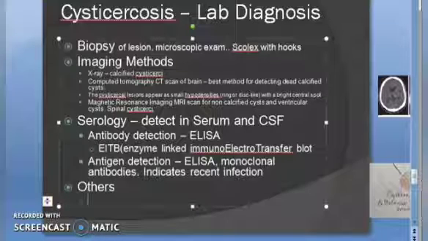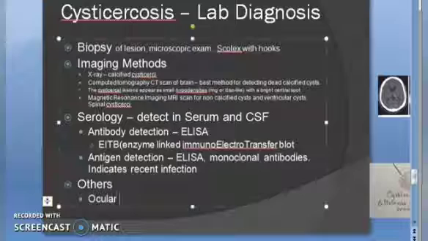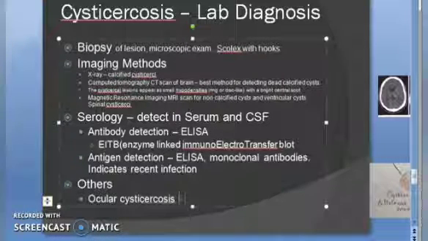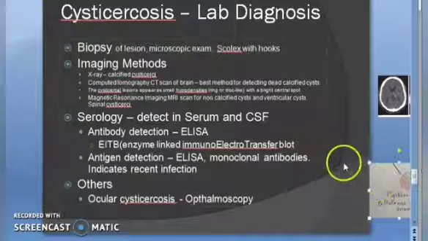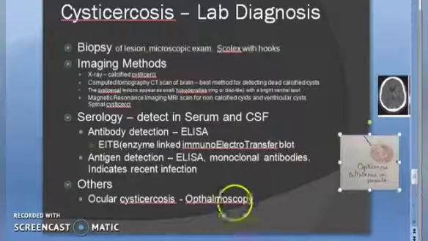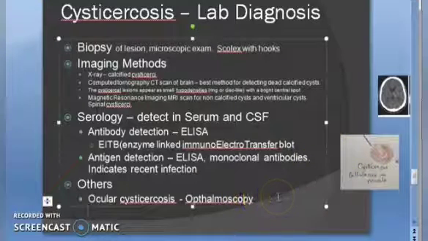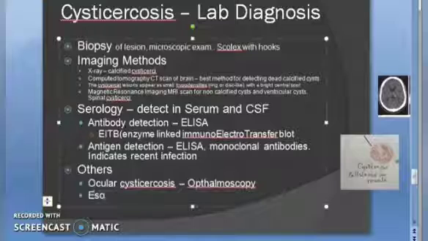Others, ocular cysticercosis can be made out by ophthalmoscopy. How will you detect ocular cysticercosis? Ophthalmoscopy.